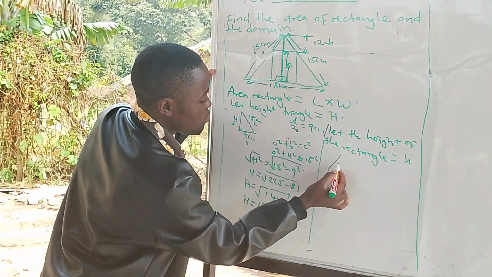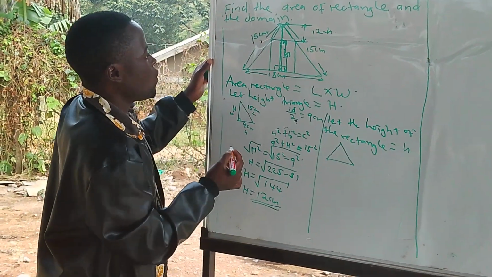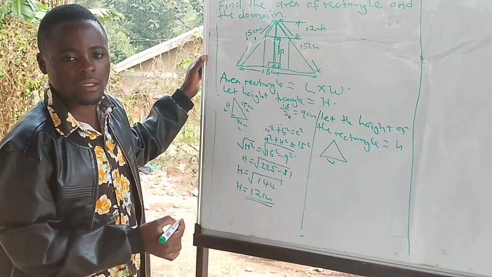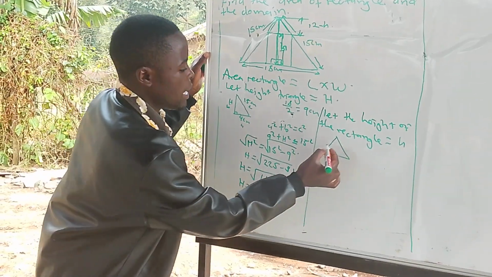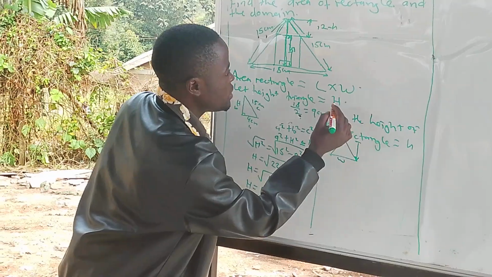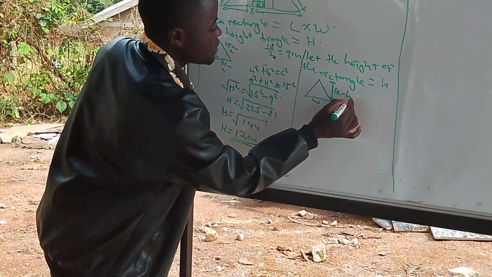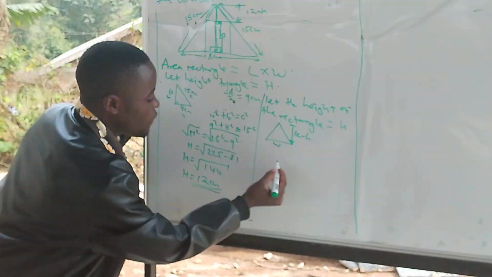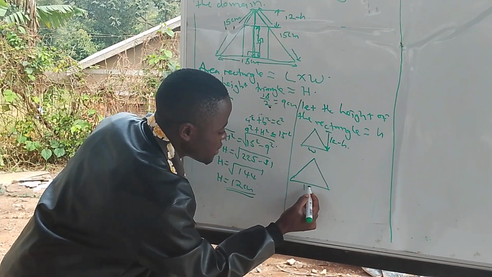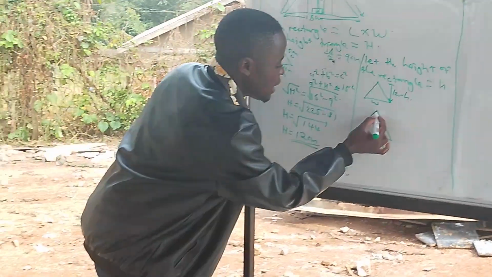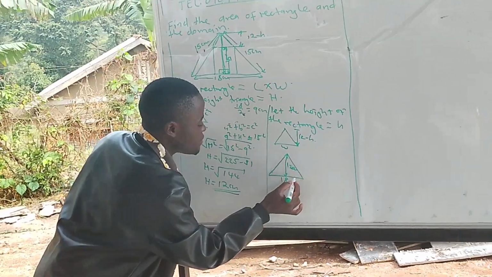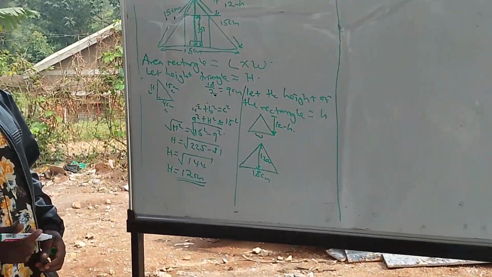I have my small triangle with the base, which I can call W, that width W, and this height, which is 12 minus h. And then I have a bigger triangle with a base of 18 centimeters and a height of 12 centimeters. So now I can use similarities.